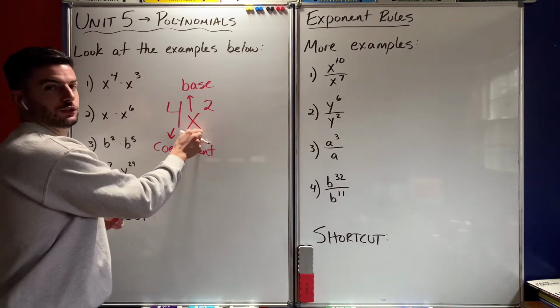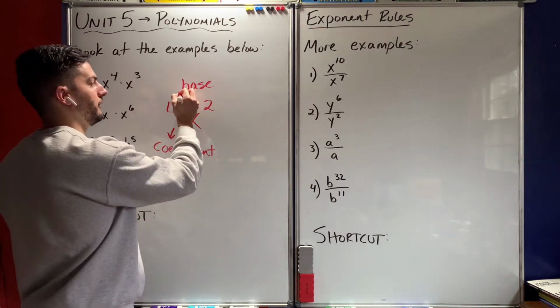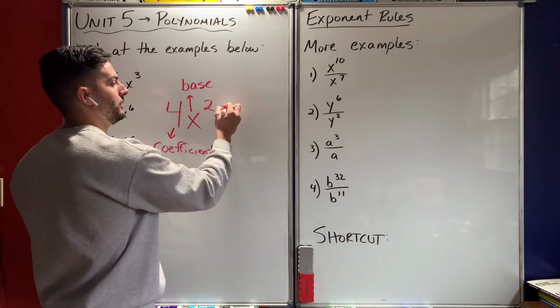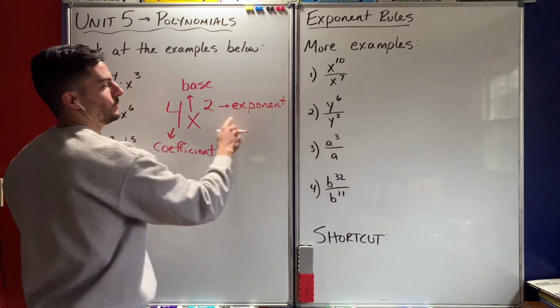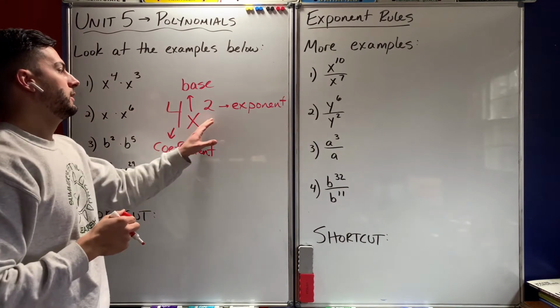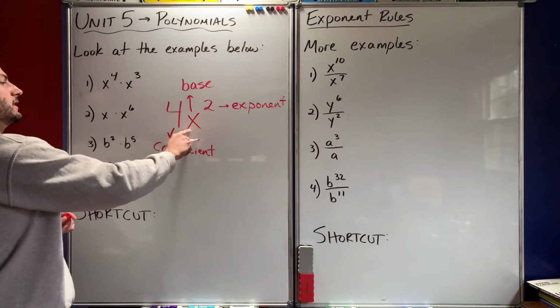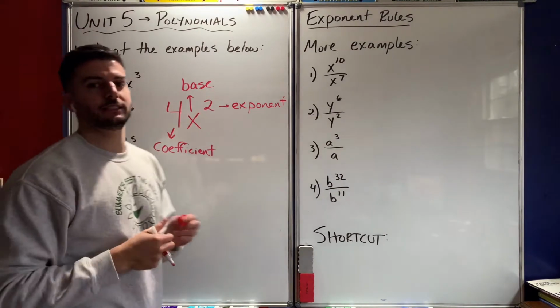And then there are two words having to do with exponent. There's the base, and then the little number itself, the 2, is the actual exponent. An exponent is just a little number, and again, I'll explain what that means. And then the x is, again, the base.